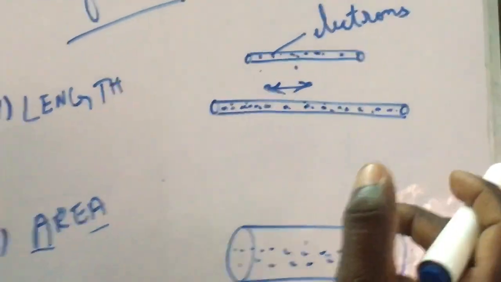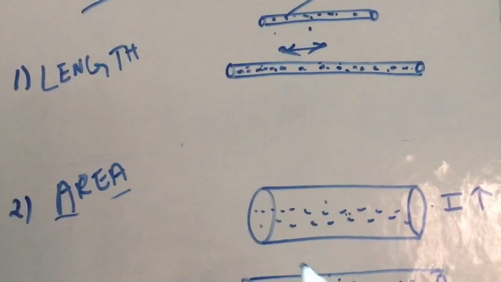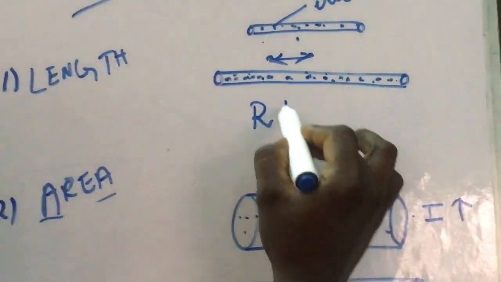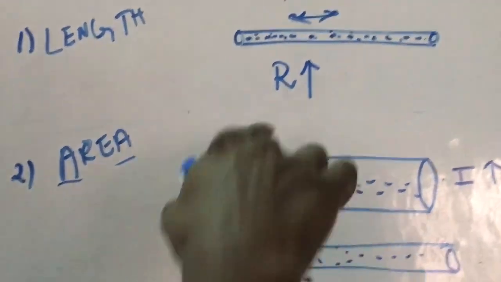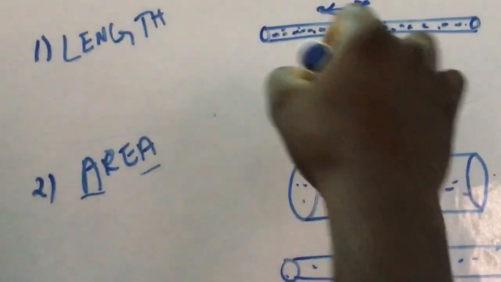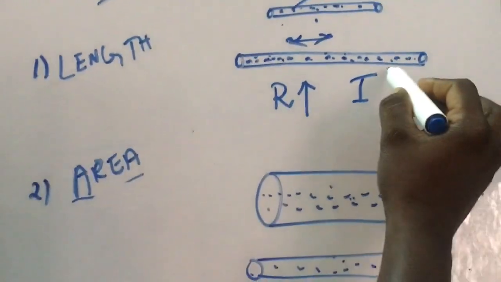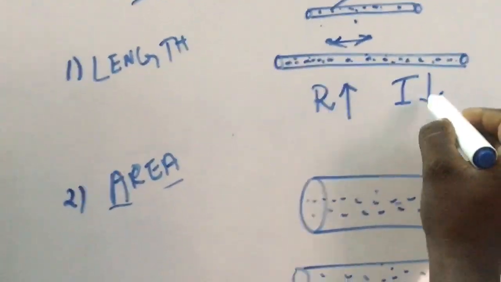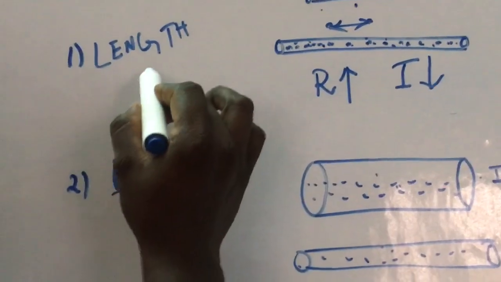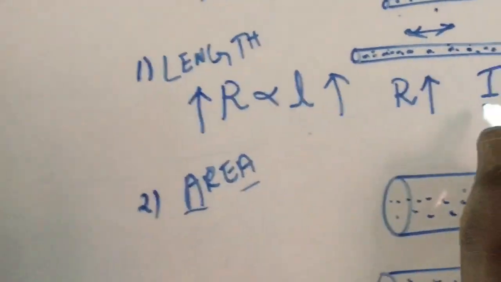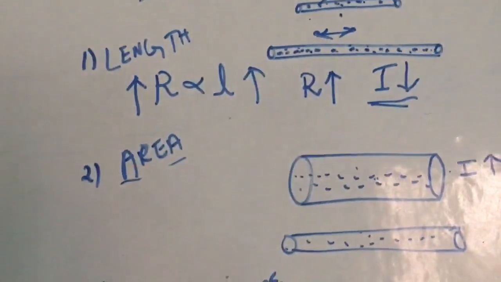If they are colliding, the resistance is going to be very high. If the resistance is very high, what will happen to the current? Current is the opposite to it, so definitely the current is going to be very low. So can we conclude that as the length increases, the resistance also increases, so the current decreases.